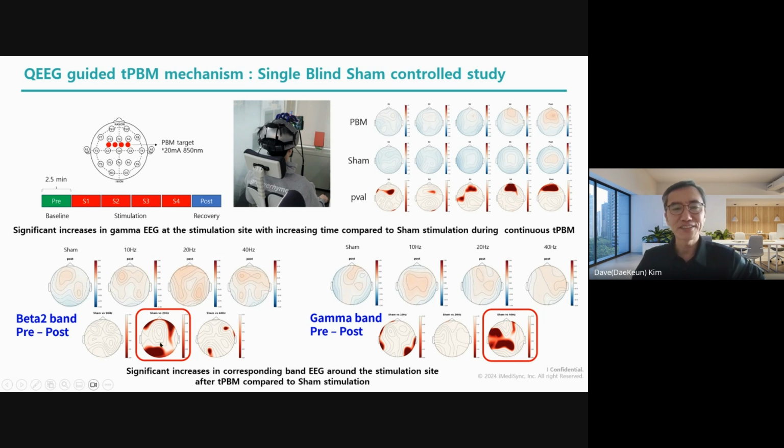But it is a little bit different compared to this one. The area of the significant changes is a little bit different with the frequency stimulation. I don't have a deep understanding of why this is a little bit changed, but I think this is a kind of network effect.